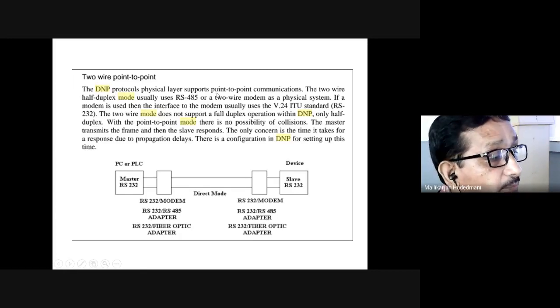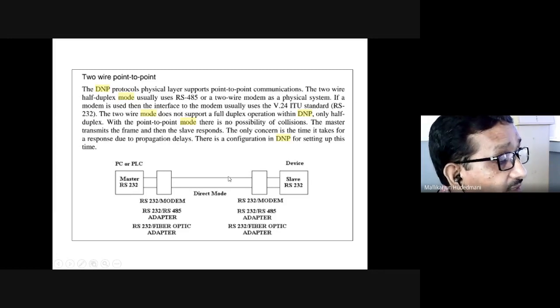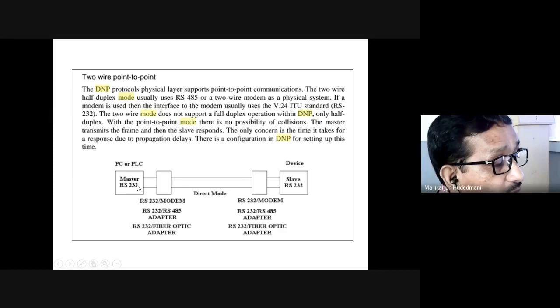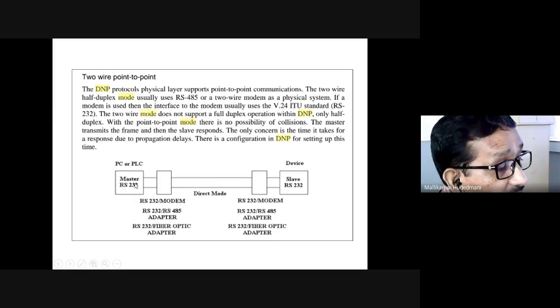It is point-to-point communication. The 2-wire, which is a half duplex mode, usually uses RS485 or a 2-wire mechanism. Suppose I want to make a 2-wire RS232 serially to a device which is responding to RS232, then it is half duplex. Because the master is sending information, at the same time the slave cannot send information.